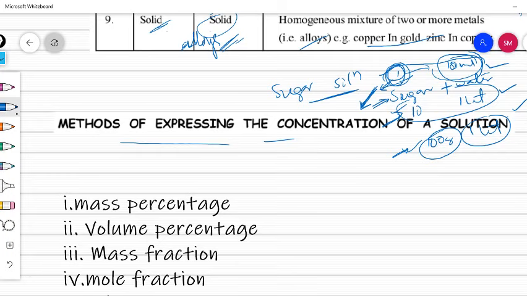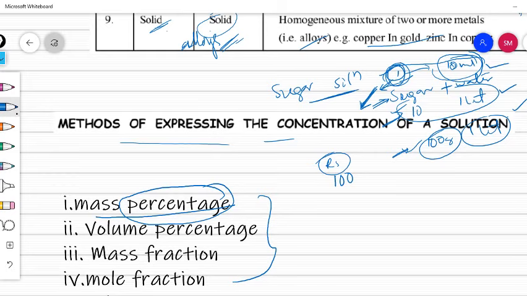Out of that, now we're going to see 4 types. Mass percentage. What is meant by percentage? Let's say I have 100 rupees, and in that 100 rupees, one of my friends gave 10 rupees for me.